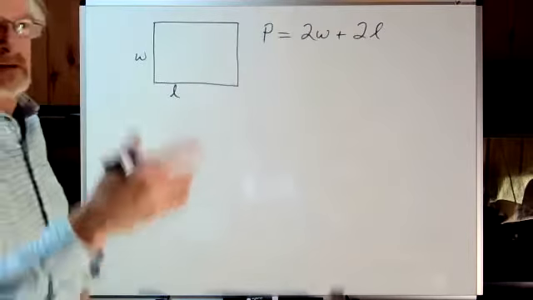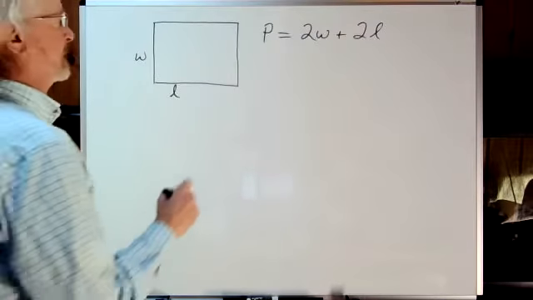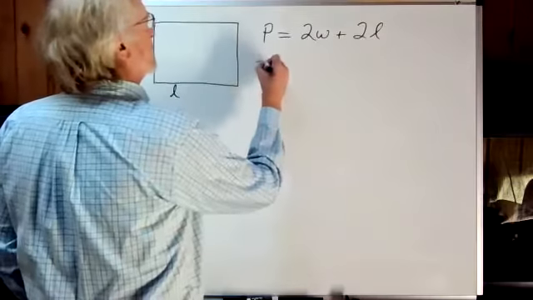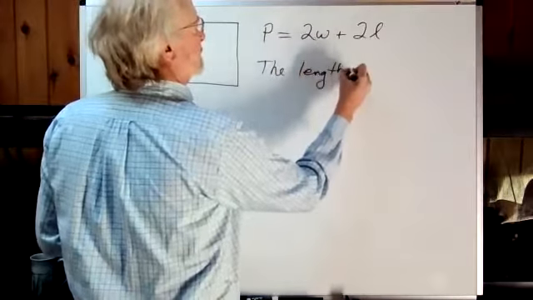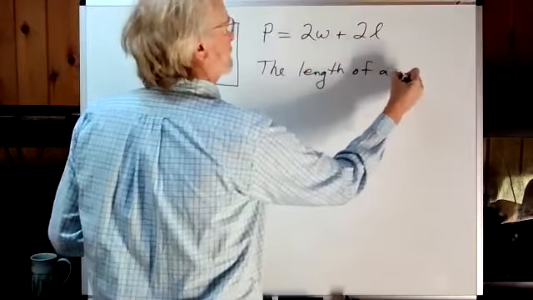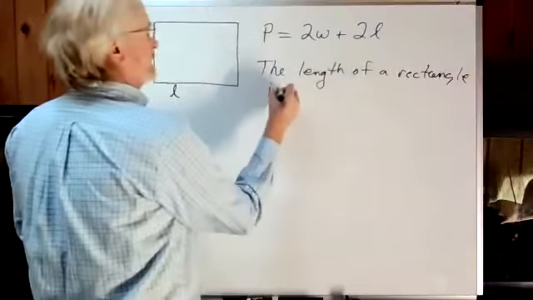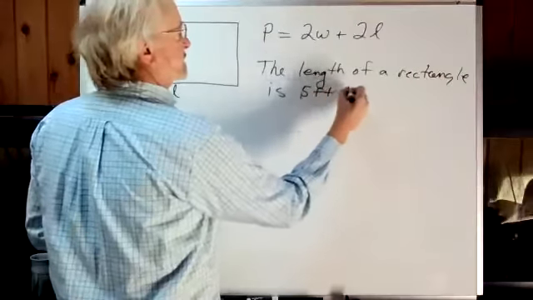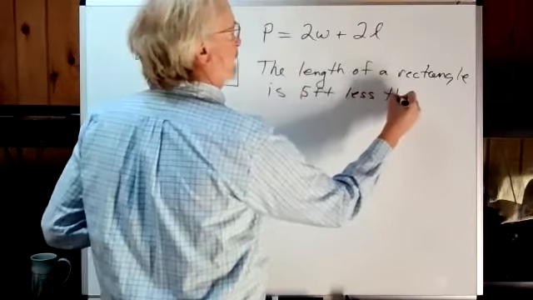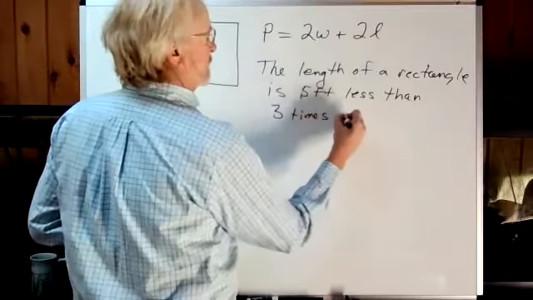So here's a problem like we'll be dealing with today. I'm going to say the length of a rectangle is 5 feet less than 3 times the width.